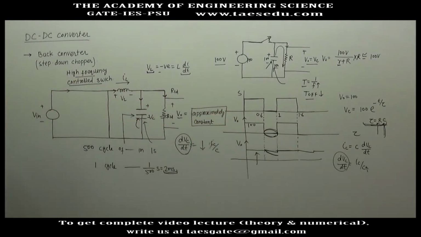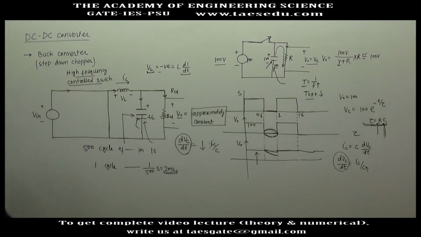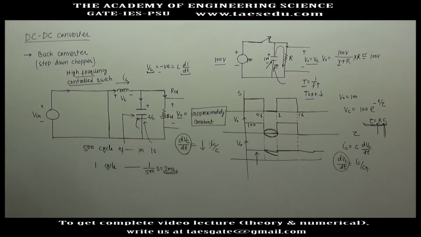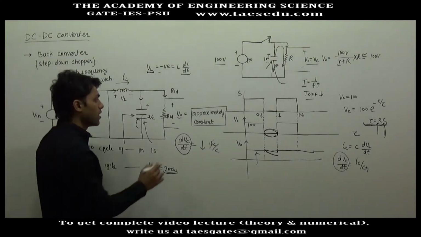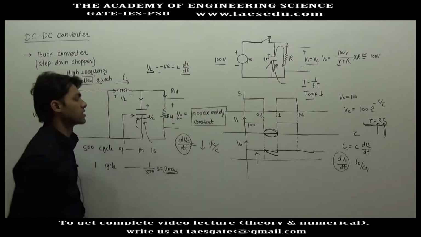Using this assumption only we will study DC-DC converters, and on this assumption only questions are asked in the GATE examination, and practically in every circuit the output voltage is made constant. The constant output voltage is desired.